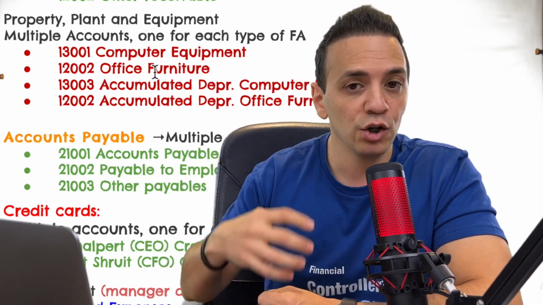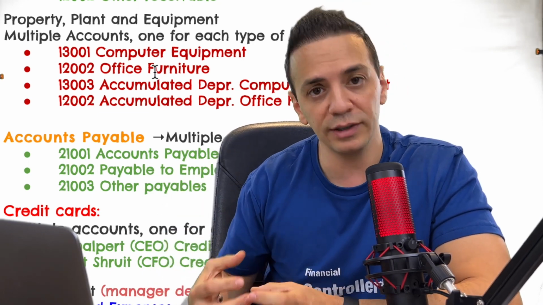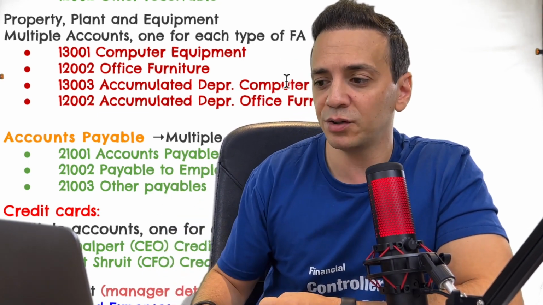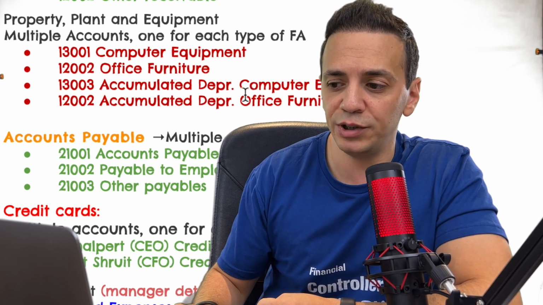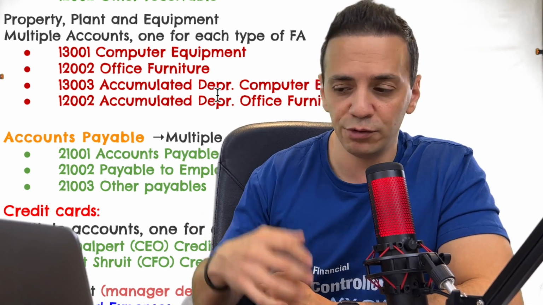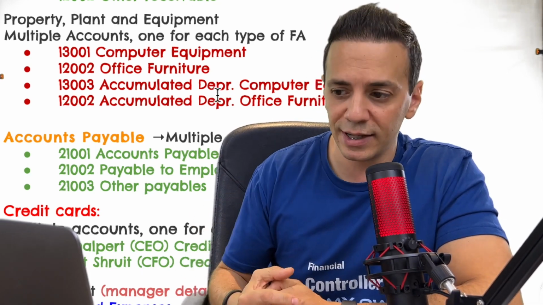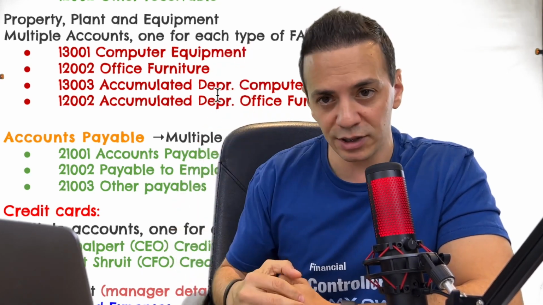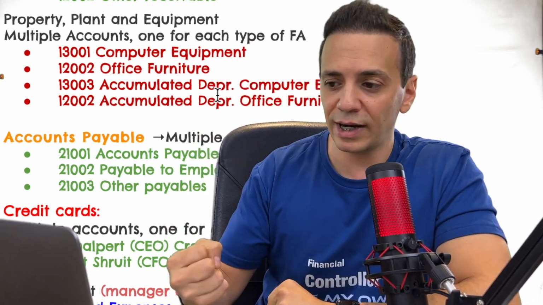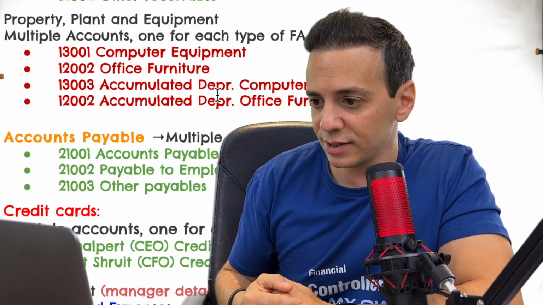So I'm going to track computer equipment on one account, and then I'm going to track office furniture in a second account, and then I'm going to create two accumulated depreciation contra asset accounts, and we're going to be talking about this in detail in a future accounting lecture. A contra asset is a reduction to the asset, because basically you'll be accumulating the depreciation for that asset and reducing the value of that asset that way.